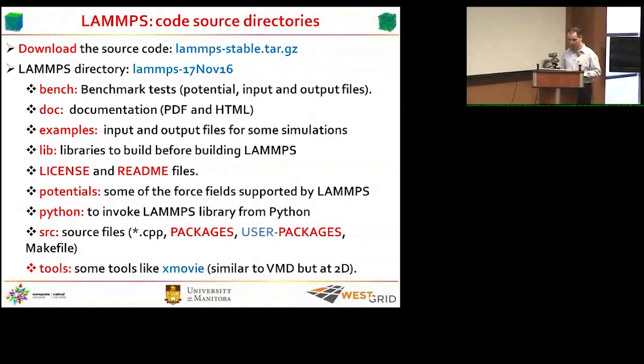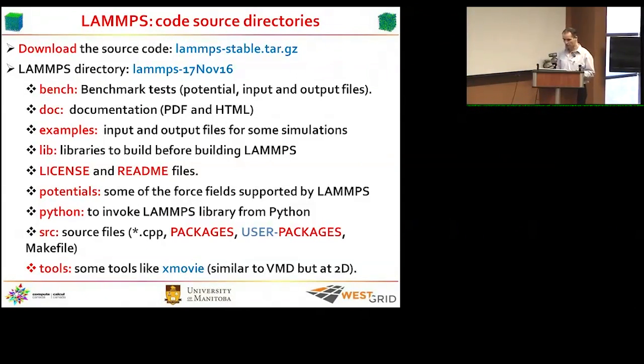In the directory, there are many subdirectories. There is bench, which contains the benchmark and test potentials for LAMMPS. There is doc, where you can find the PDF file and HTML. From this, you have access to basically all the commands used in LAMMPS, even if you don't have access to the internet. There is a directory examples, with more than 30 examples.